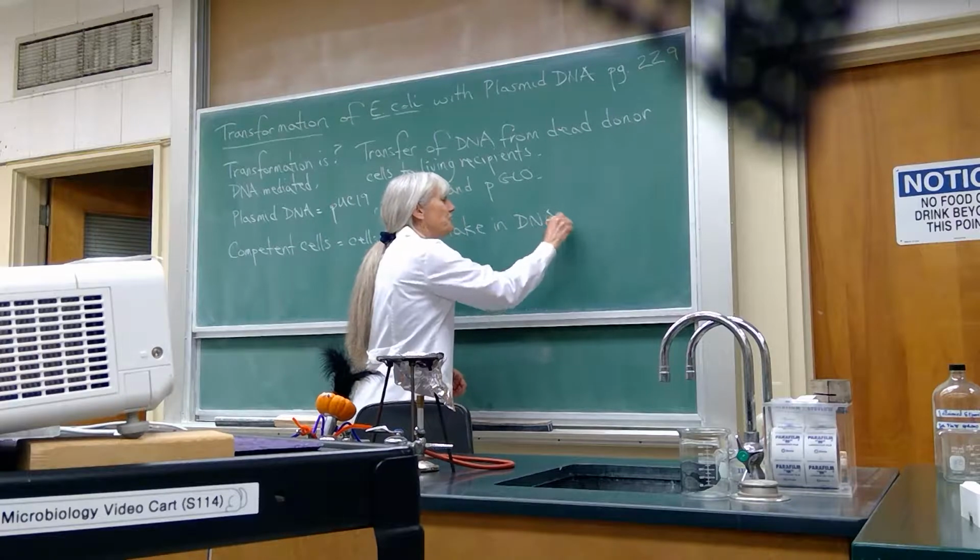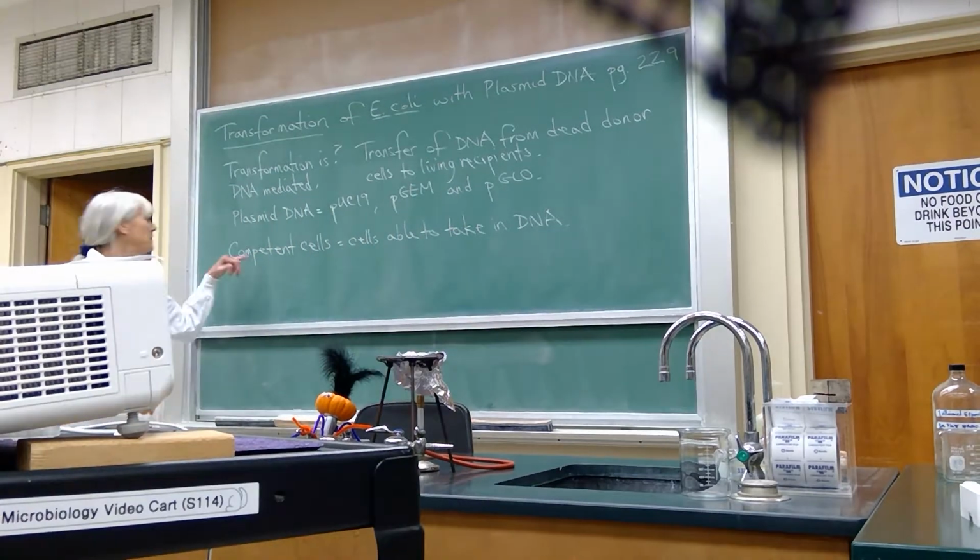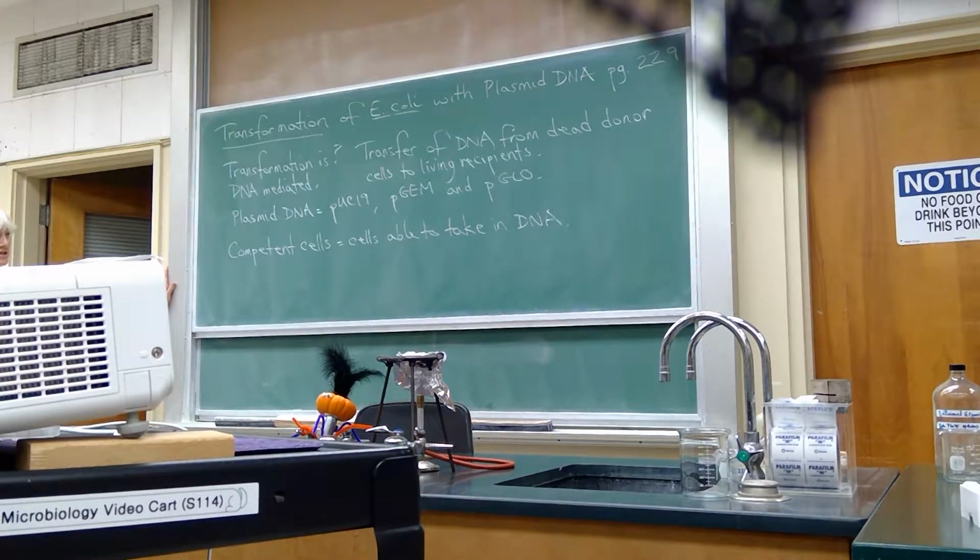When you're dealing with transformation exercises, the term competent cell refers to cells that are able to take up DNA. Apparently any E. coli cells could potentially take up DNA, but if they're made competent, they're more likely to take up DNA. You're going to increase transformation efficiency.